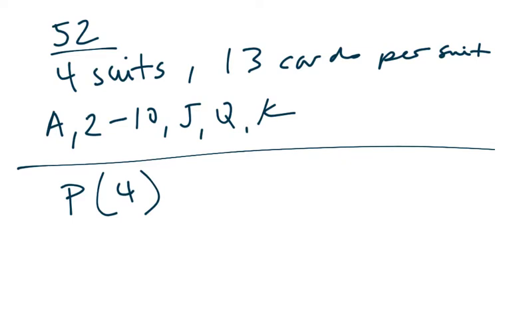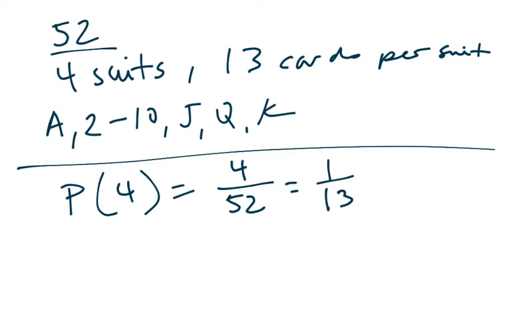Well, there are 4 fours: the 4 of hearts, the 4 of diamonds, the 4 of clubs, and the 4 of spades. So my desired outcomes are going to be 4, out of a total number of 52 possibilities. And that simplifies down to 1/13.